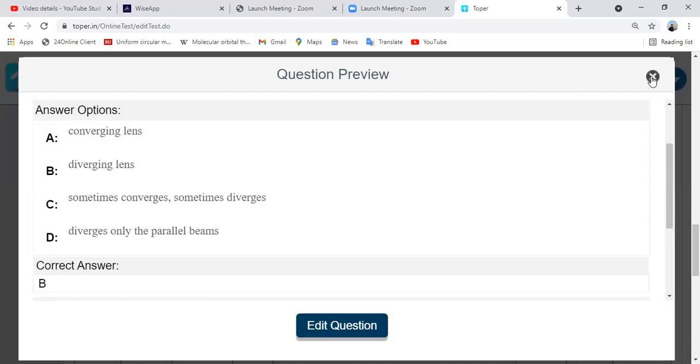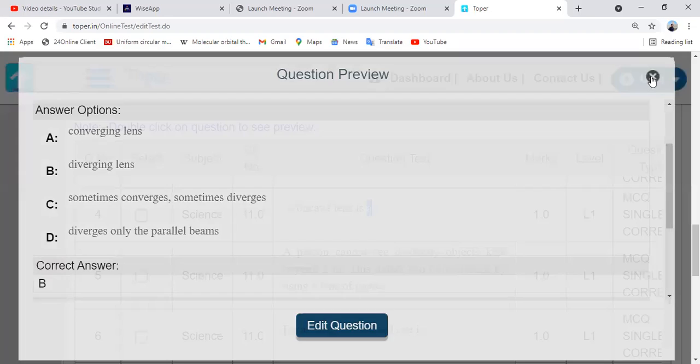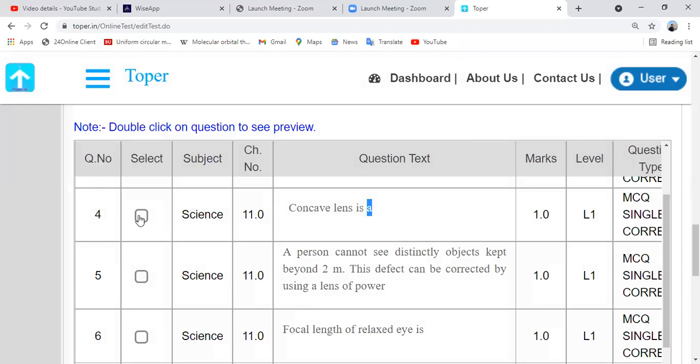The use is given in this chapter, but the functions were given in the first chapter. We already went through that: concave is diverging and convex is converging, during the study of the eye defects.